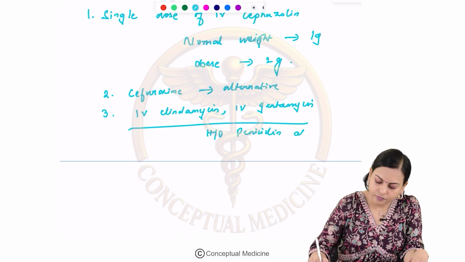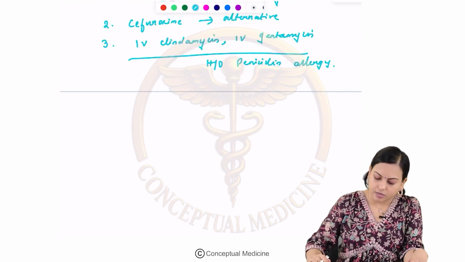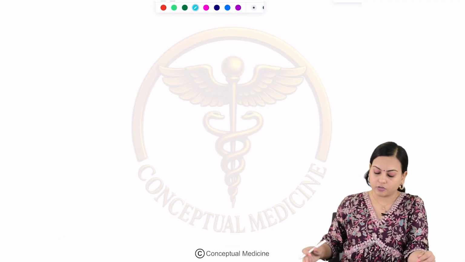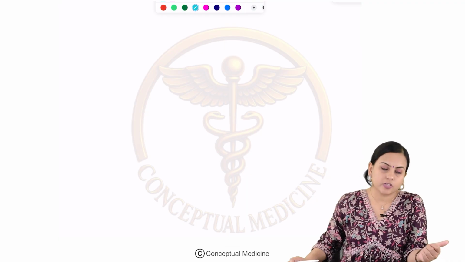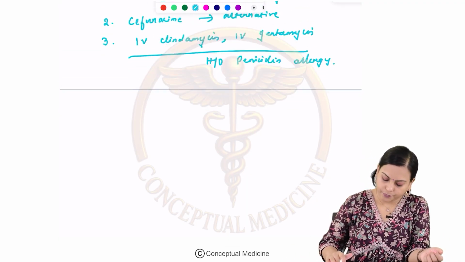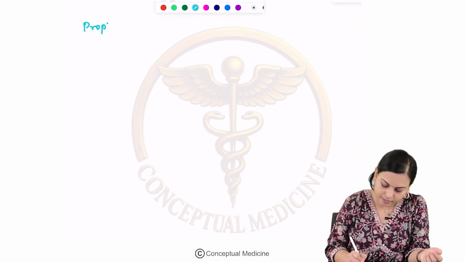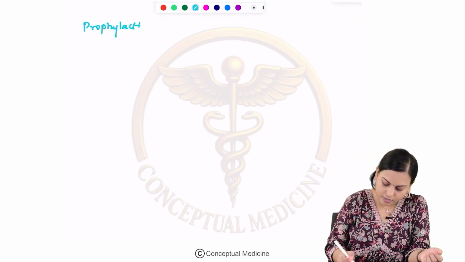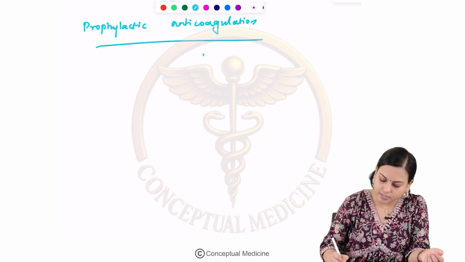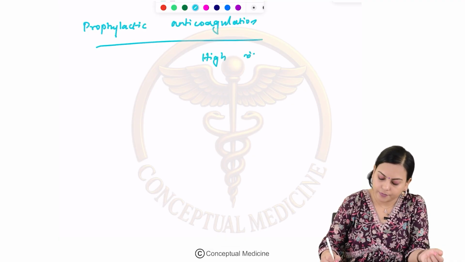Clear? Yes. Now, not only this, we have to consider prophylactic anticoagulation also, because post surgery she is going to be in a prolonged bed rest, right? So, what about prophylactic anticoagulation? Because she is at a high risk for venous thromboembolism.